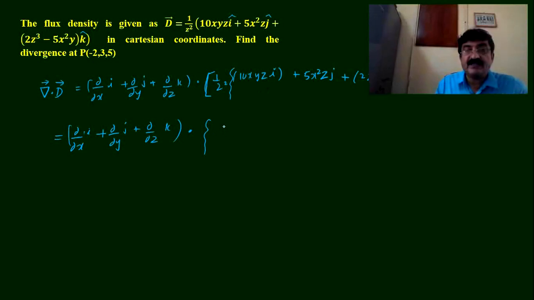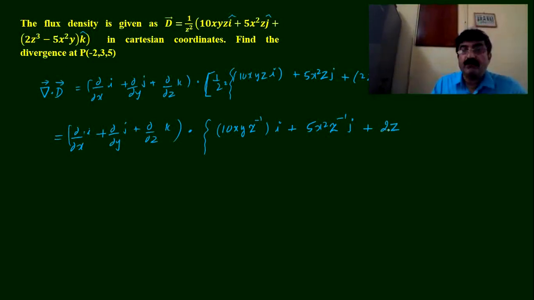Now take z square inside. 10xyz to the power of minus 1. When I take z square, it becomes z to the power of minus 1. That is i plus 5x square z to the power of again minus 1 j plus 2z minus 5x square y z to the power of minus 2 k.